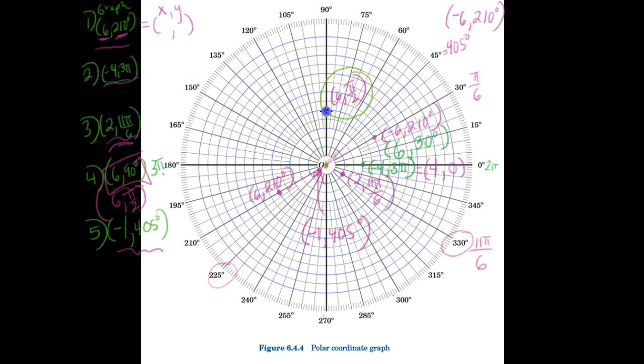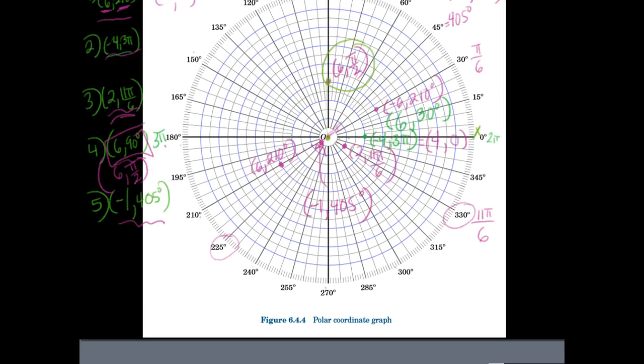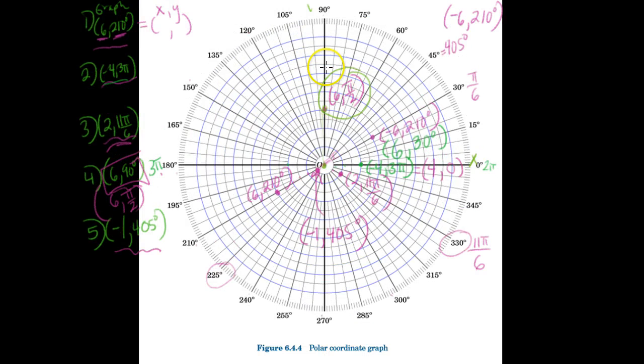I'm 6 units up. Imagine this is your x-axis and this is your y-axis. So the equivalent point to this is actually just going to be 0, comma 6. So your x value is 0 and your y value is 6.